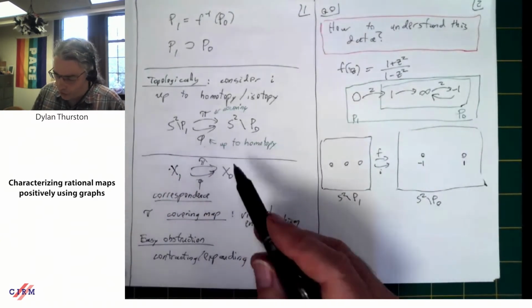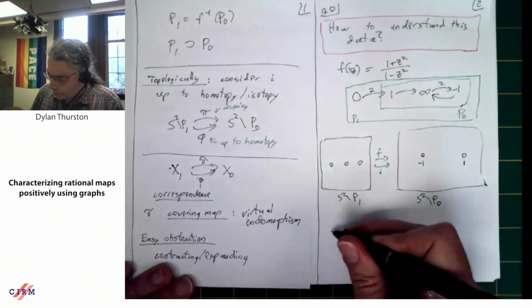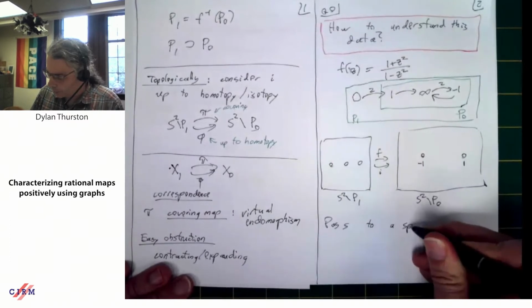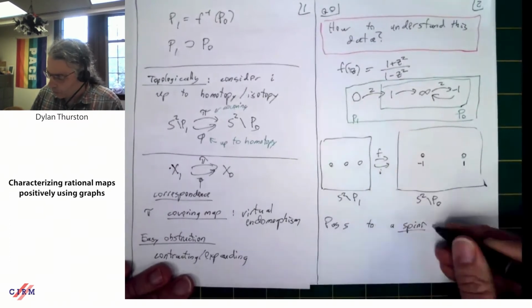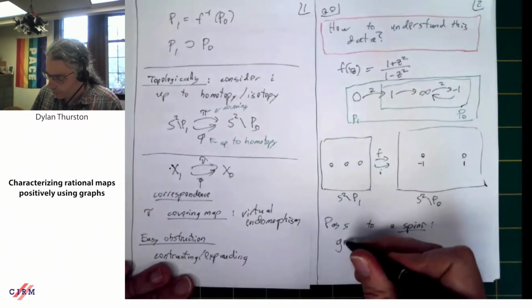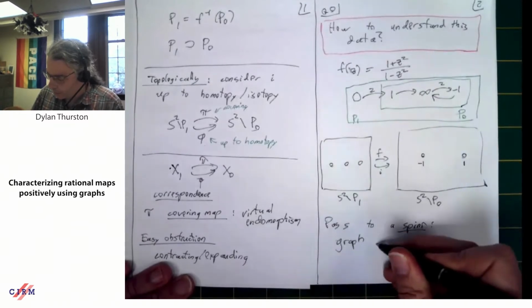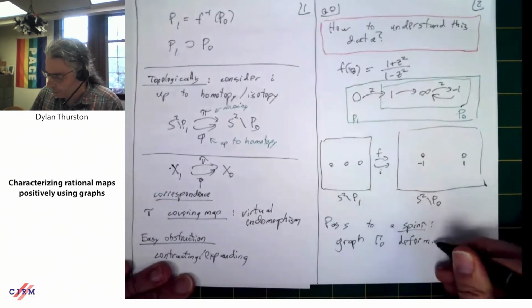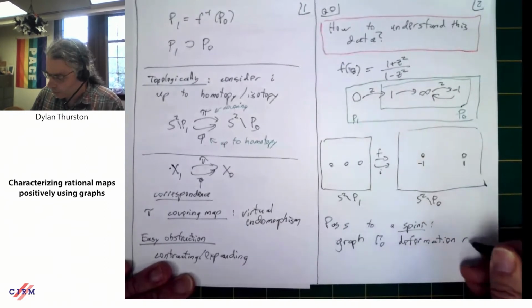And so we can pass to a spine, which means a graph that is a deformation retract of these punctured spheres.